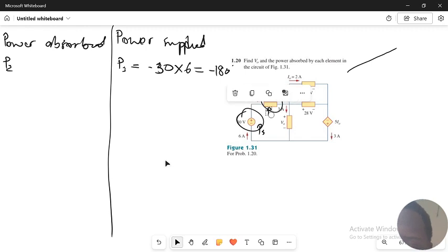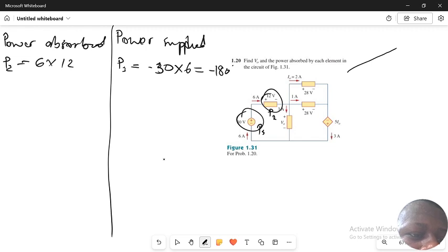If I make this one P2, it equals 6 multiplied by 12, which is 72 watts here.